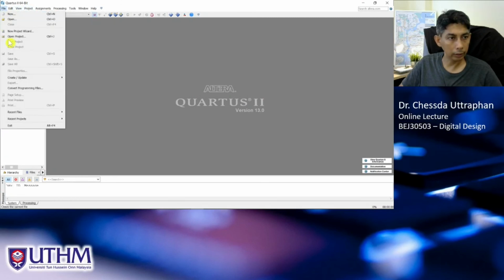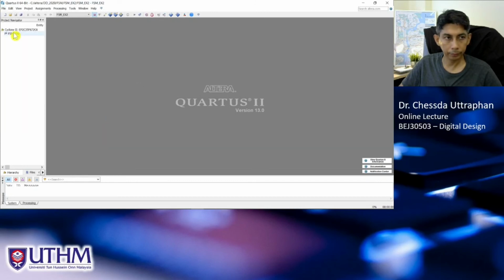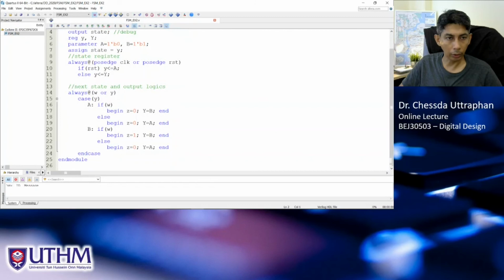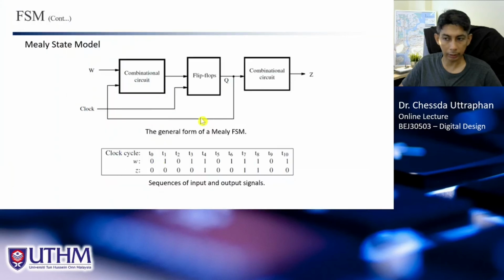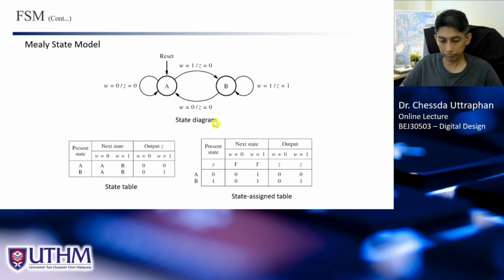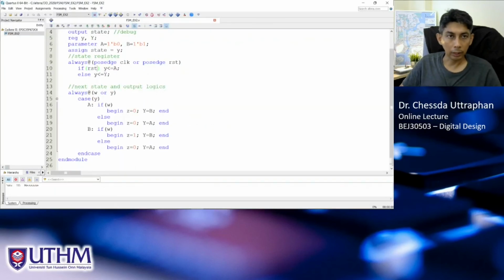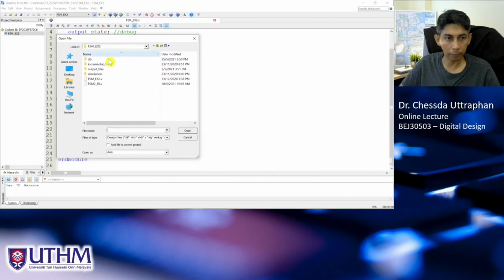So I have the program already. So this is the code, exactly the same code, except that I have the state register before the next state and output logic. So this is the Mealy type, exactly the same as described here. Okay, and I have the test bench already. So this is the test bench, right?